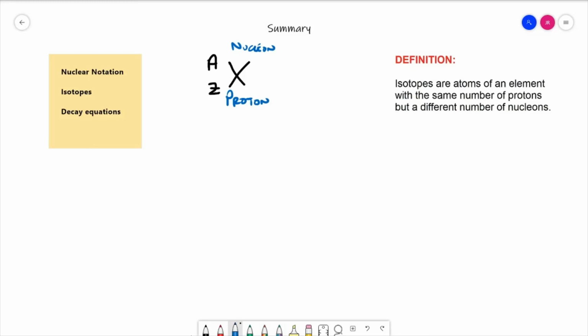We also looked at isotopes, and again you've got the definition for isotopes on the screen that we looked at earlier. And then finally we looked at the decay equations for alpha, beta minus, beta plus and gamma decay.